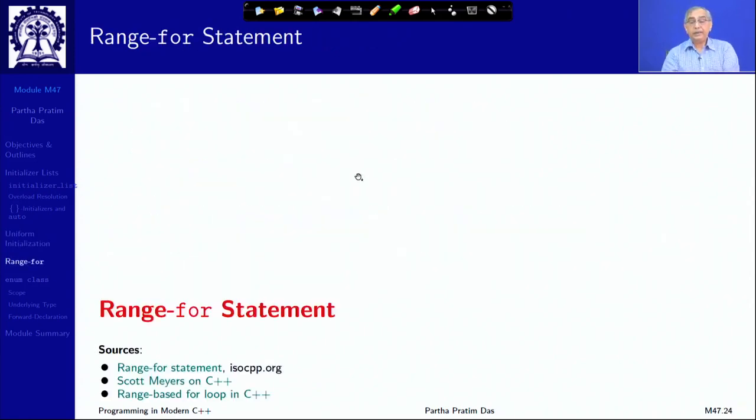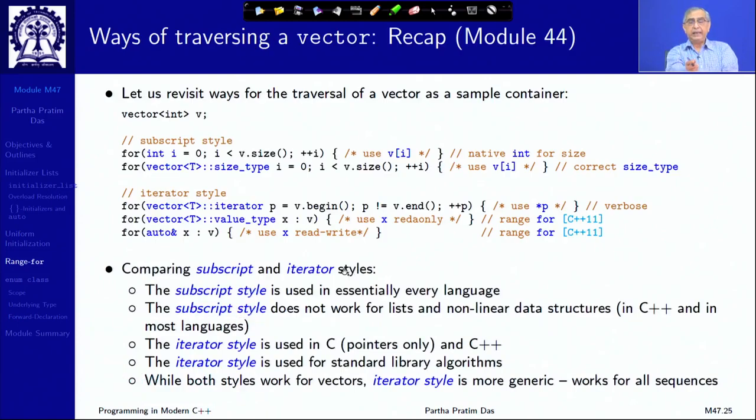Now, with this, let us look at some of the other related features. One is range for. We have seen this in module 44 when we were discussing vector. Range for talks about how to iterate over an entire data structure. Right?